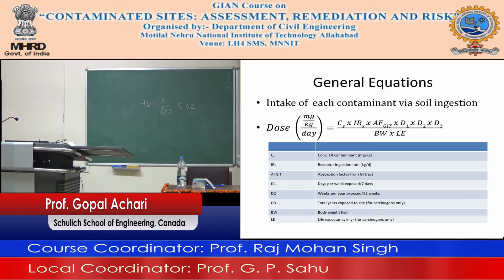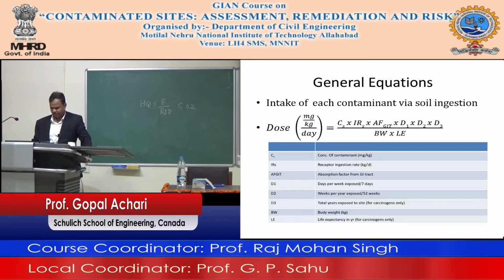Absorption rate from the GI tract, from the food tract. Days per week of exposure, weeks per year, and total years, divided by body weight, divided by the life expectancy for cancer risk. So you can use this to calculate the dose from soil ingestion, right?